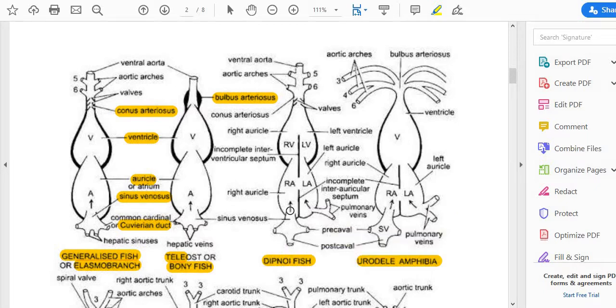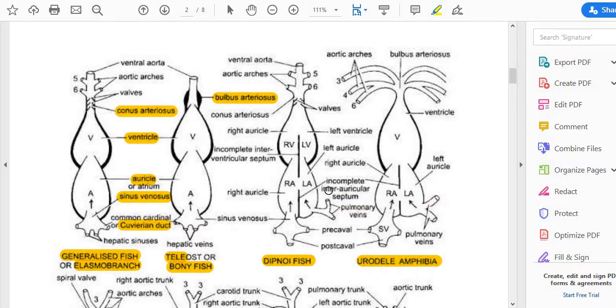This enters into the auricle, where in the auricle we find a septum which is present incompletely, dividing the auricle into right auricle and left auricle. After the auricle we see the ventricle. So in the ventricle also there is partial compartmentalization. The septum that divides the right auricle and left auricle is called the incomplete interauricular septum.